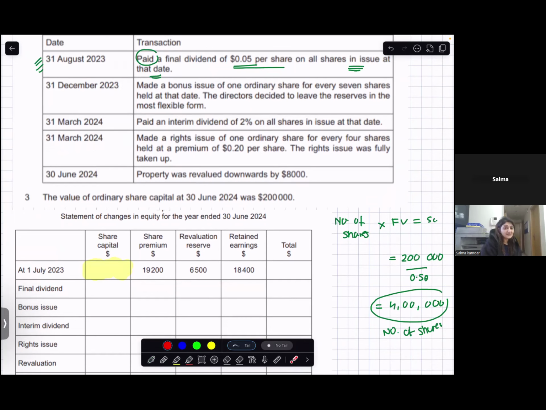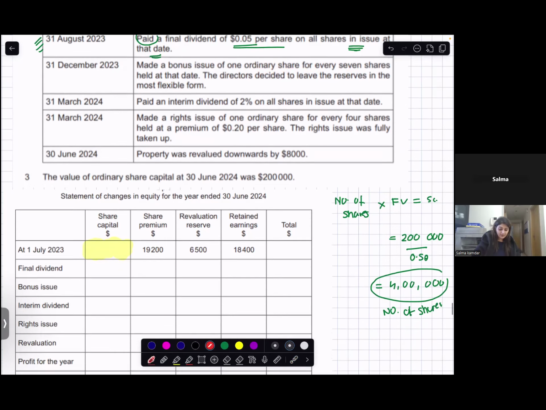The next adjustment tells me I have made a bonus issue of one ordinary share for every 7 held at that time. And I am going to use the reserves in the most flexible form. So we do this bonus issue over here.